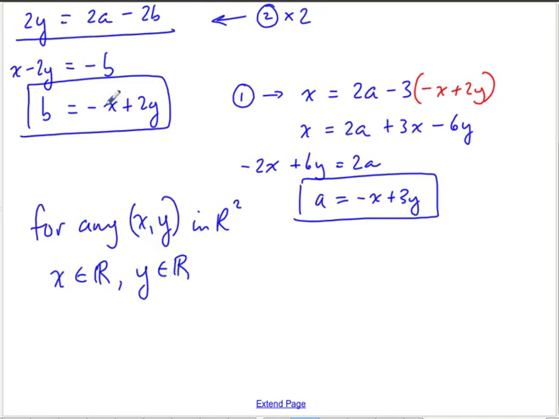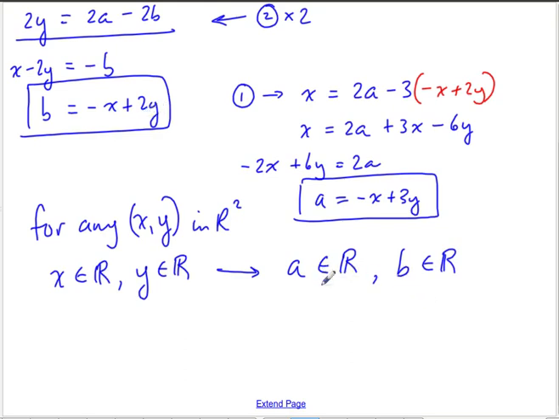And so that means that my a value is going to be a real number, right? Because this is just a real number x and this is a real number y, and so this is some algebraic combination. And my b value is also a real number. This is an x and this is a y.